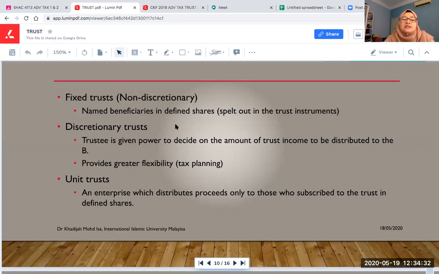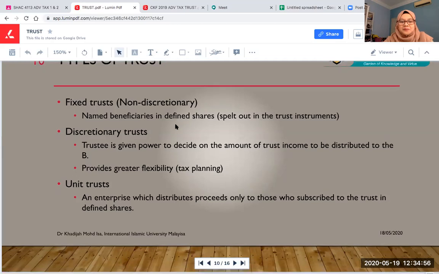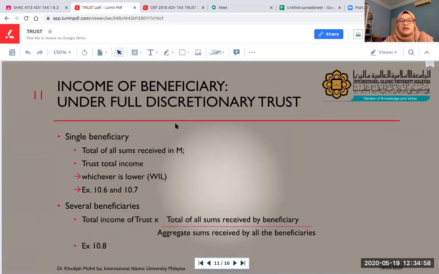So these are the two we are going to look into: fixed trust or non-discretionary, sometimes called ND, and the other one is the discretionary trust. We will look at them because the computation of the income of the beneficiary depends on whether the trust is non-discretionary or discretionary. Say the trust is stated to be a full discretionary trust.